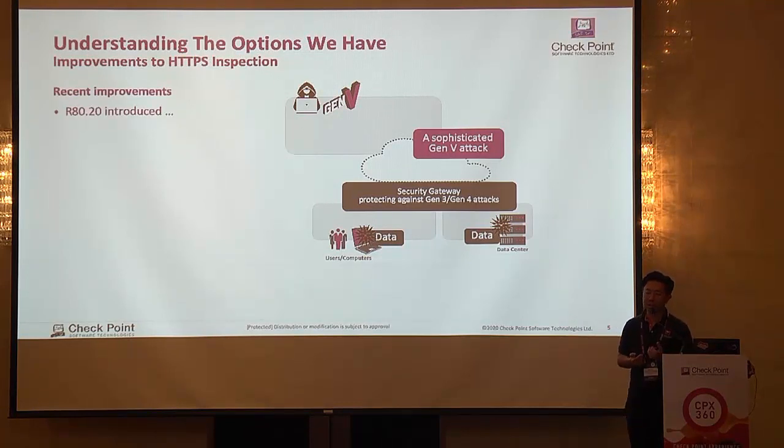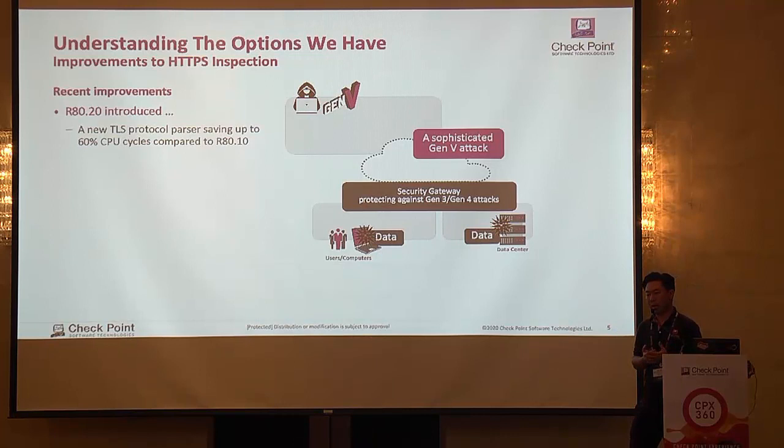In R80.20, we introduced a new way of doing the TLS protocol parser, so that with the new enhancement, we can save up to 60% of CPU cycles. It gives us a huge improvement on performance. We did a test with the latest appliance, the 16000. We can achieve up to 5 gigabit per second threat prevention throughput with 70% of encrypted traffic. It is a huge improvement. I will show you some of the figures later on when we talk about the performance.